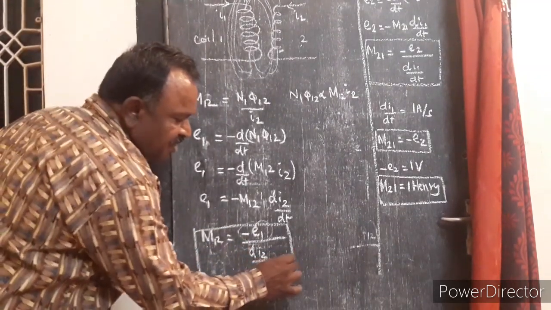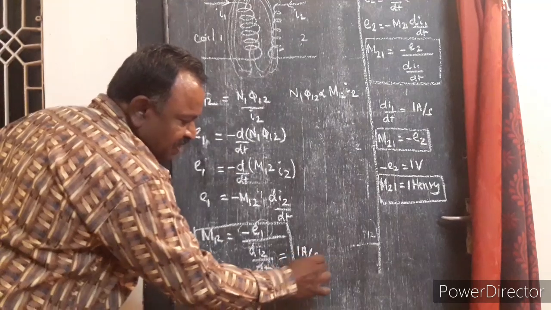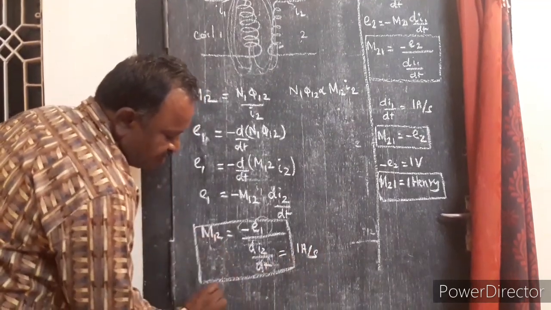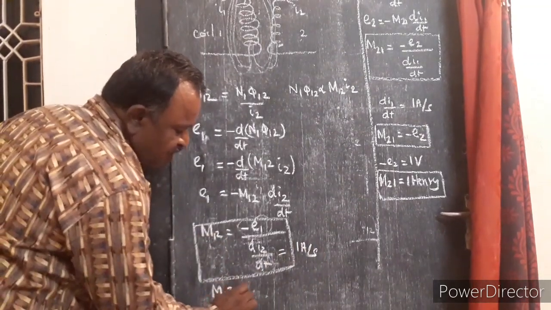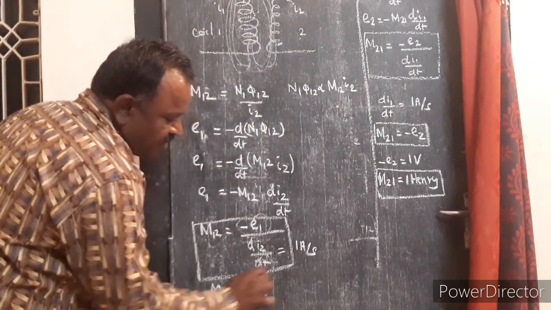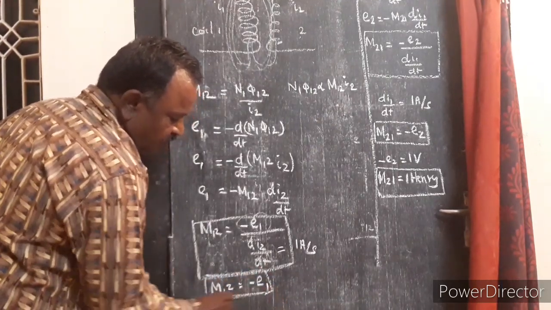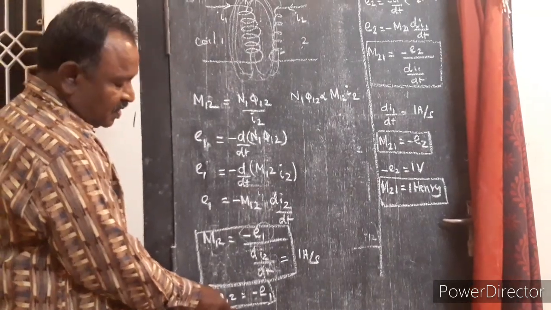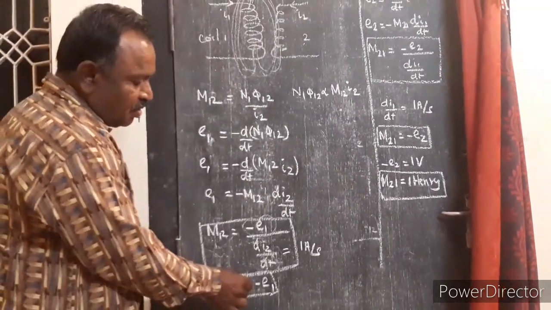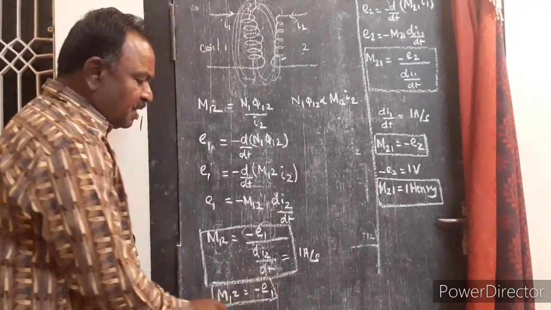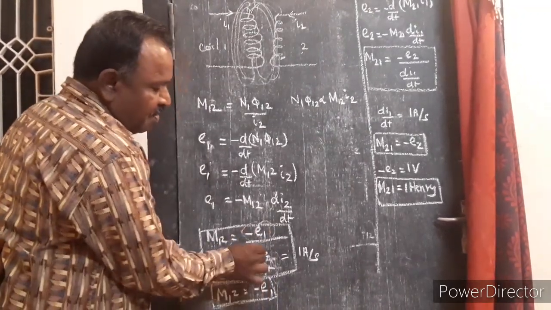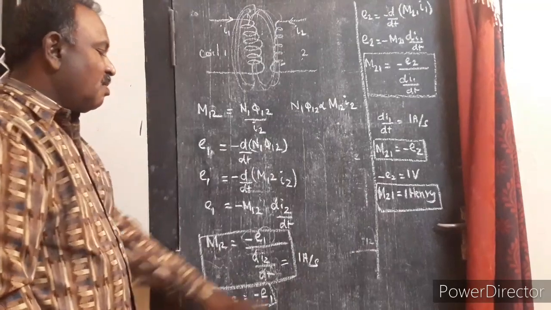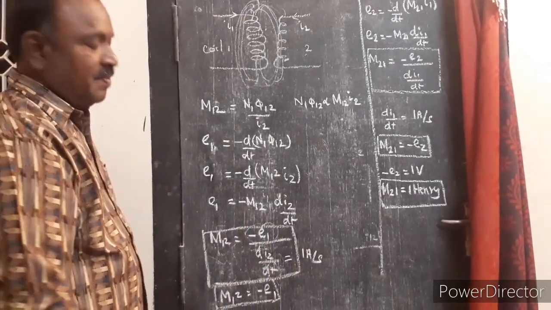When this rate of change of current is 1 ampere per second, then this equation gives M12 is equal to minus E1. So mutual inductance of the first coil with respect to the second coil is equal to the opposing EMF induced in the first coil when the rate of change of current in the second coil is 1 ampere per second.